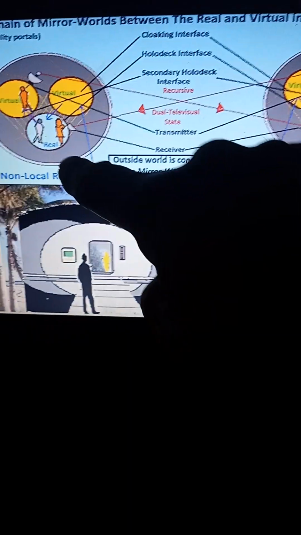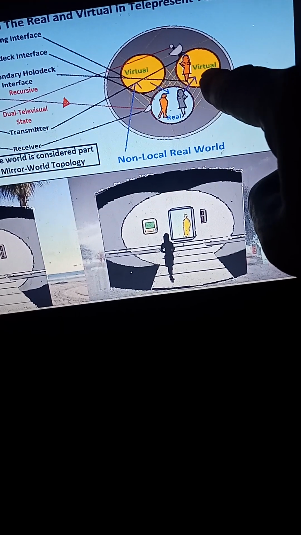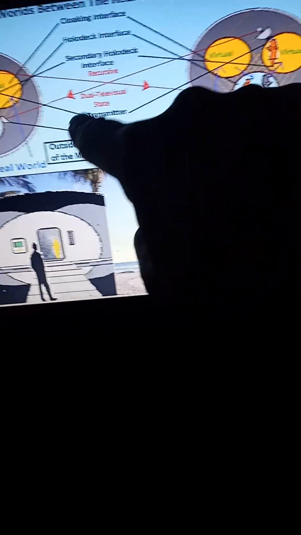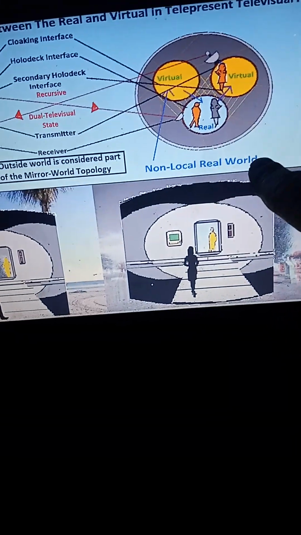And they both would be scooped up again, and I didn't draw it in, but both her and his form would be in virtual form, and then both her and his form would be in her virtual interface in virtual form, and the background holodeck of choice of the two non-local real worlds.